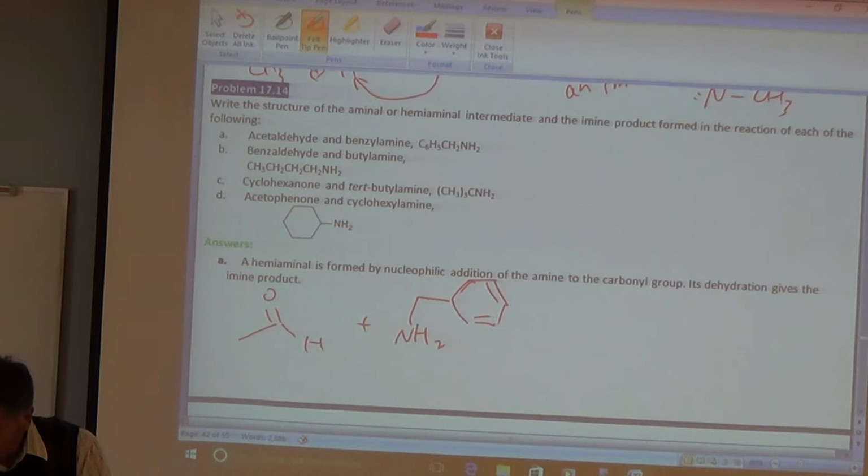Right. So let's first write our hemiaminal. Our hemiaminal will have this H here, and then your carbonyl becomes C, and then you bond to your N and H.